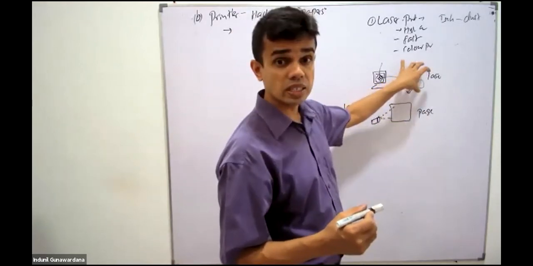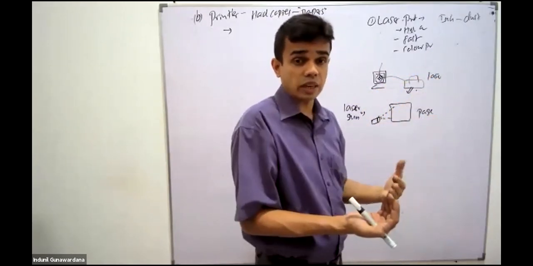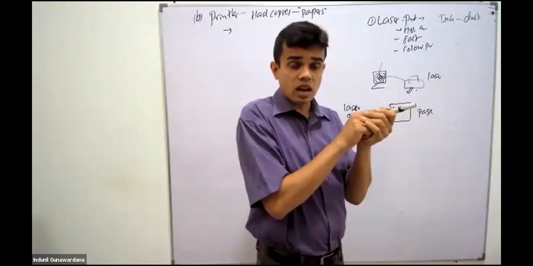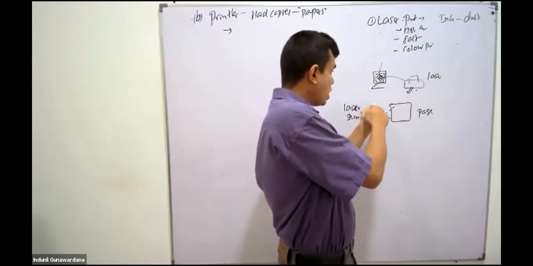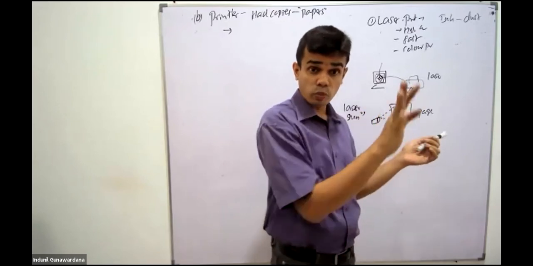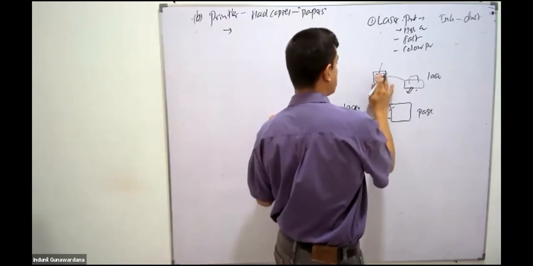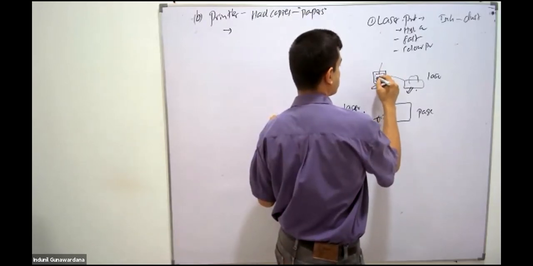Now this is happening inside the printer: the whole paper is taken in. And inside that there is a laser gun. And this laser gun is focused onto the areas of the paper, not covering the whole page, where the printing is required. So say we want to print a certain flower like this.